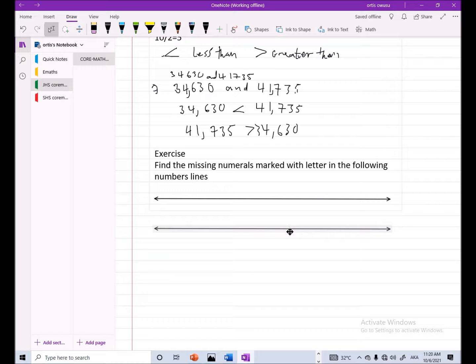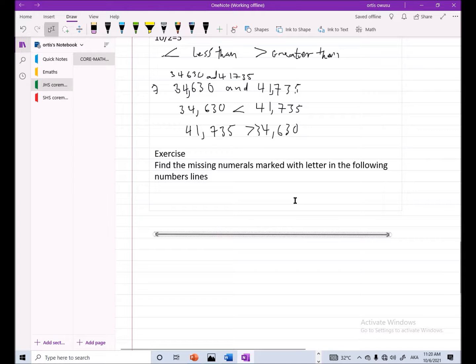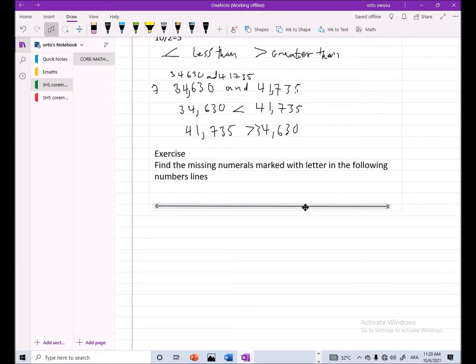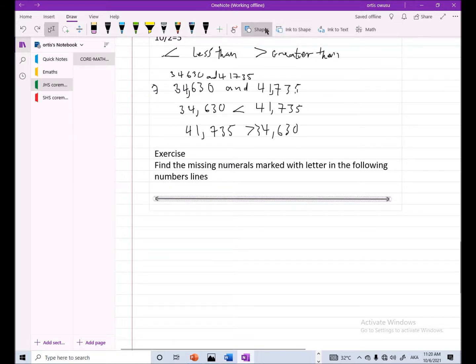We have this line. So we have another one.